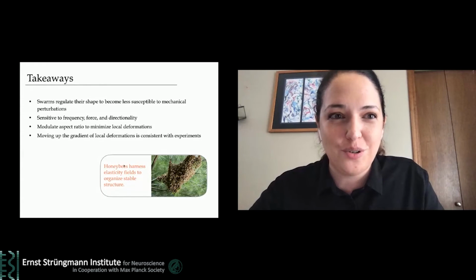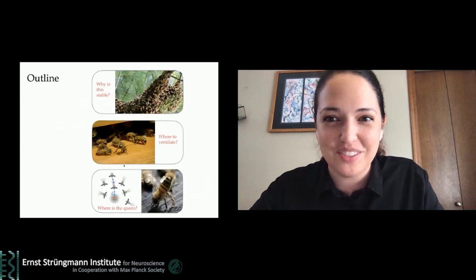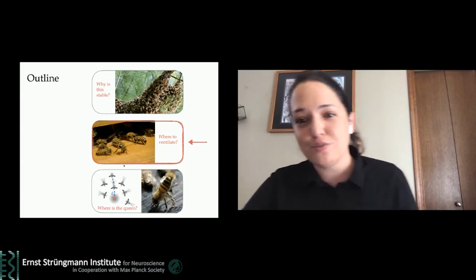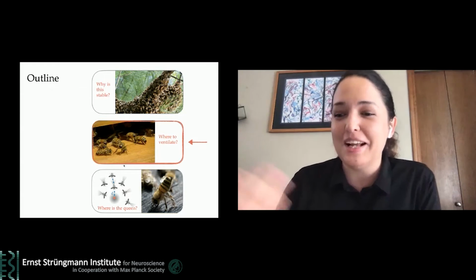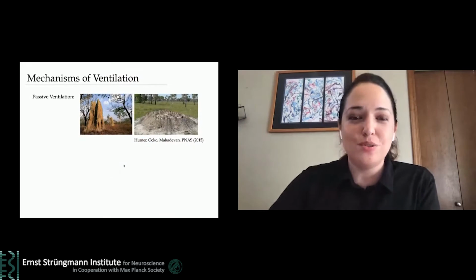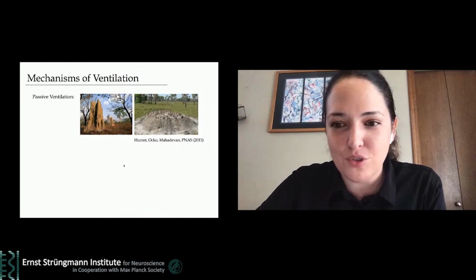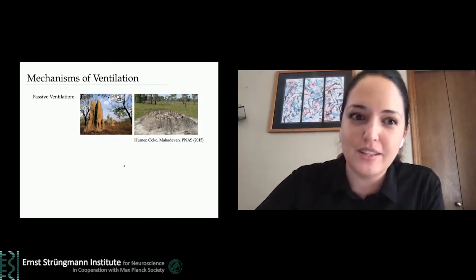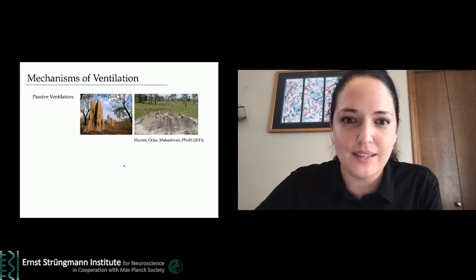Okay, so that's it about mechanical communication, and now I want to talk to you about sensing temperatures and airflows that helps bees ventilate their hive. There are many examples of social insects that build their nests in a way that helps them thermoregulate.